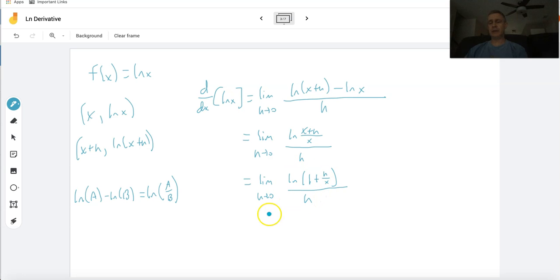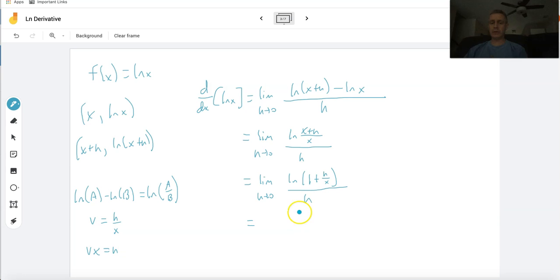I'm going to let the variable v be equal to h over x. Solving for h, if we multiply both sides by x, we would have that v times x would equal h.